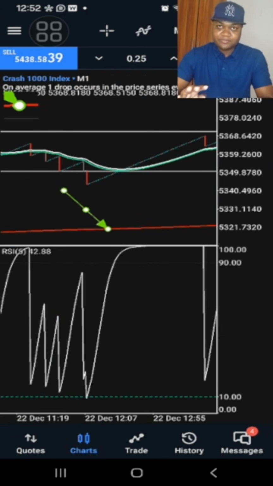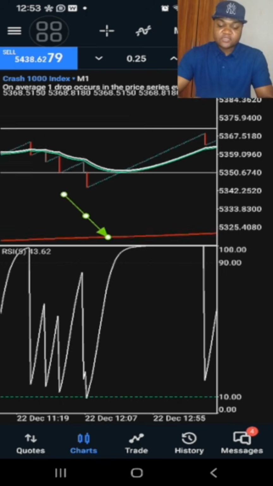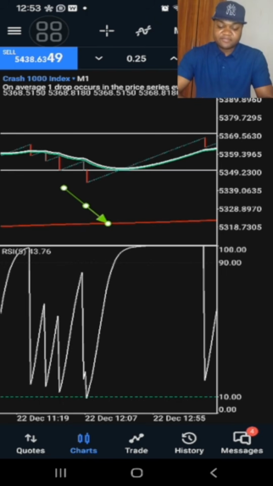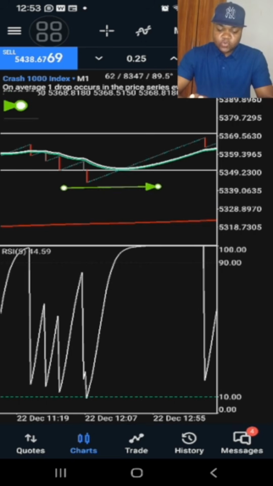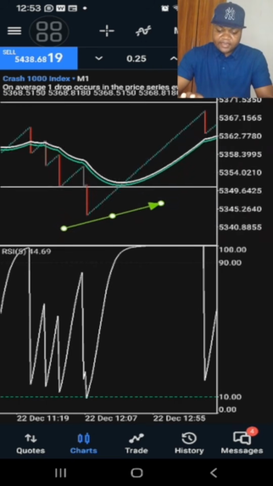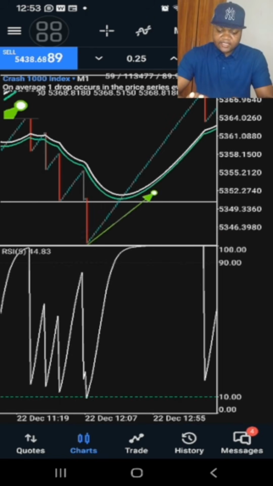This tells us when to buy and when to sell. For example, in Crash, we'll be looking for buying opportunities, so we have to wait for price to be above it. These candles must be above this trend filter, which is this red line. Then we also have these two lines, the white line and the other line.